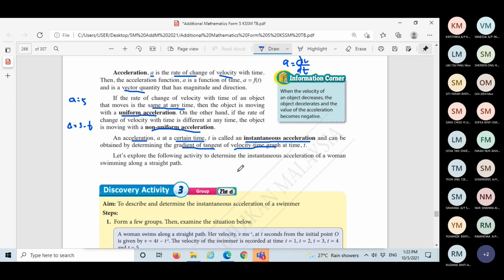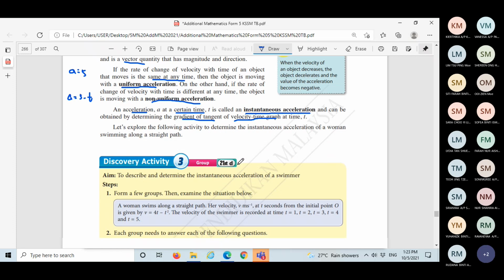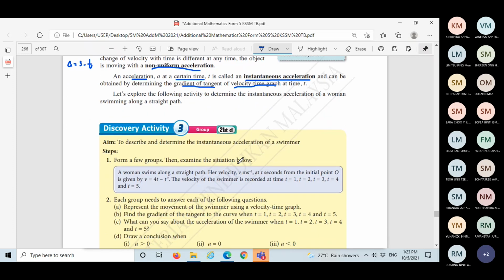Just now the first one, the gradient of the distance time graph is the velocity. Now, the gradient of the velocity time graph is the acceleration. So you see, all are related.